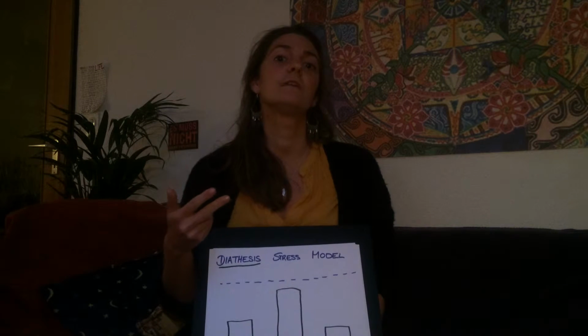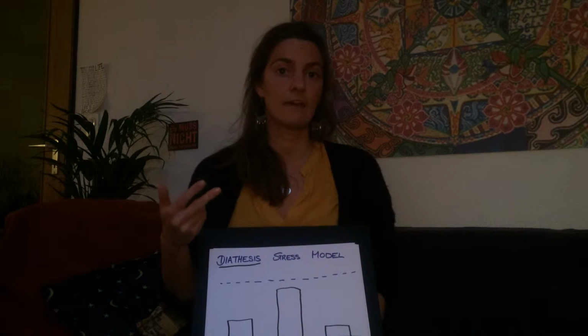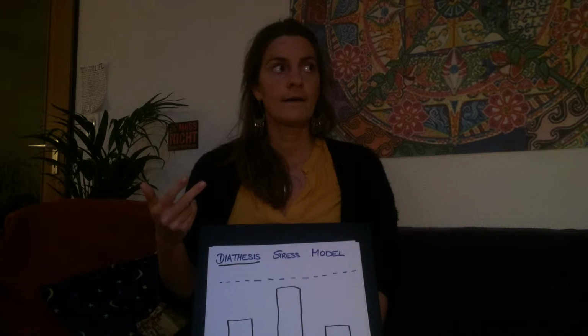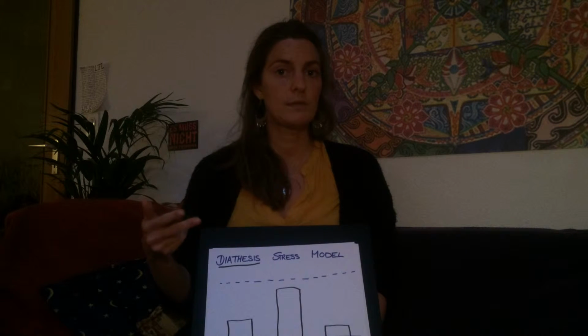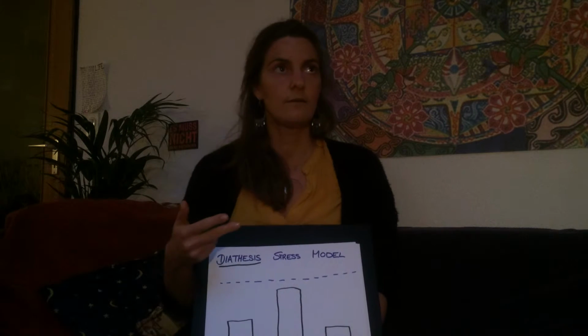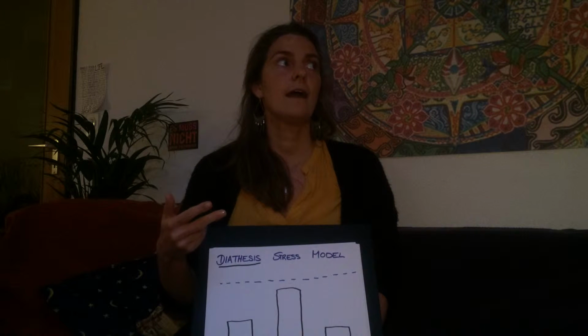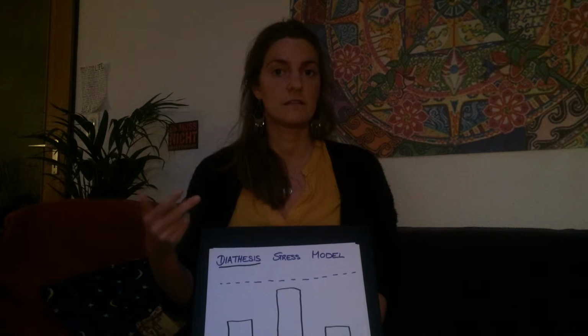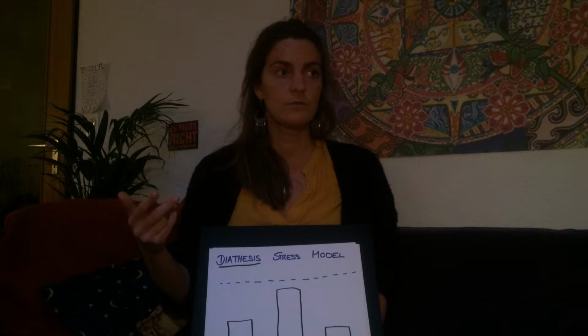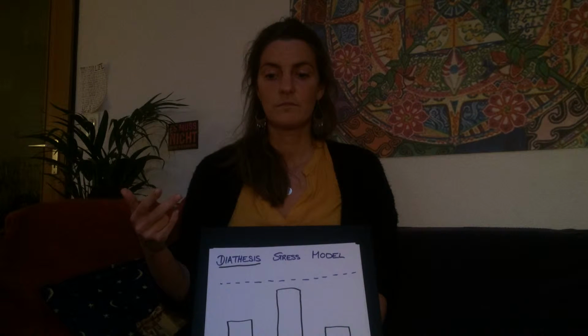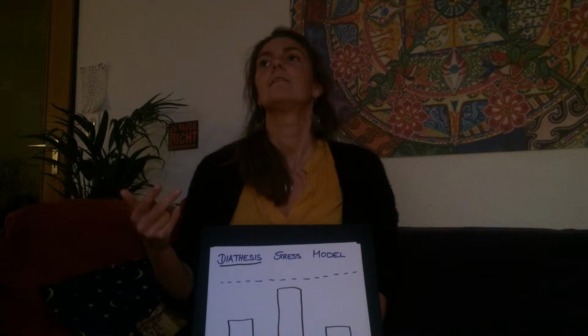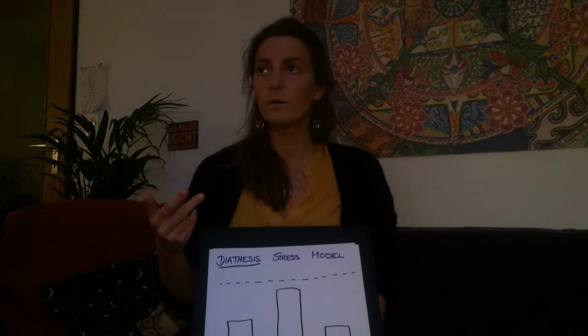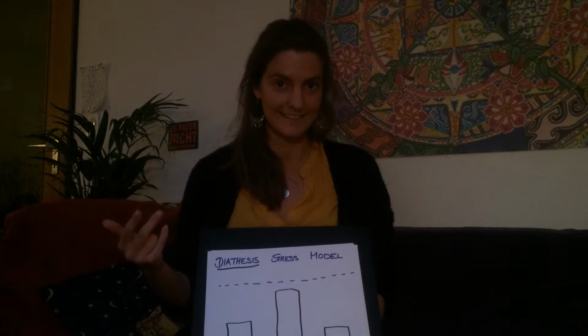We develop different mindsets. So we can have mindsets like I have to be perfect to be lovable or worthy, or I have to help others that suffer to be okay, to be loved, or I have to be always friendly.